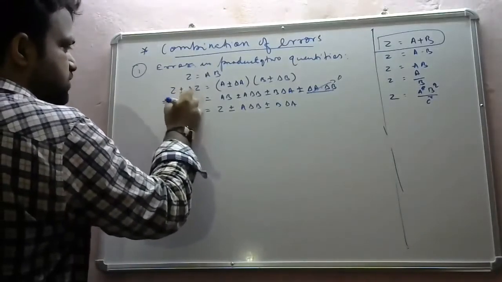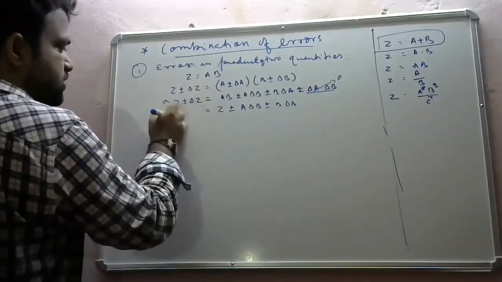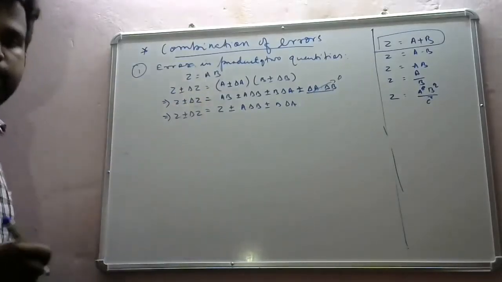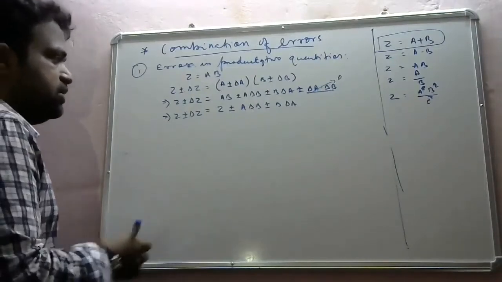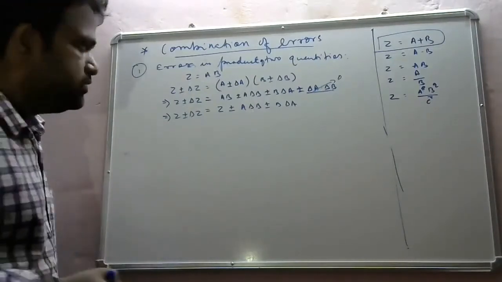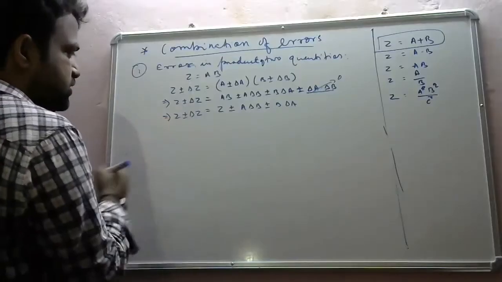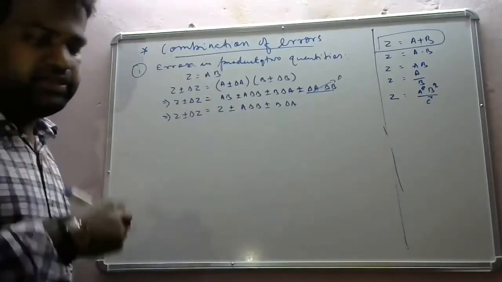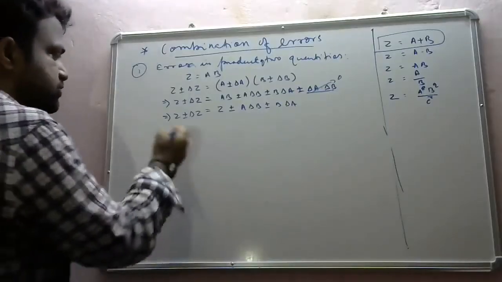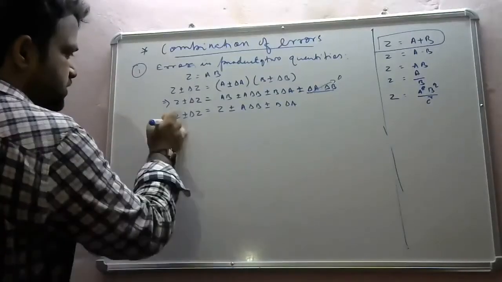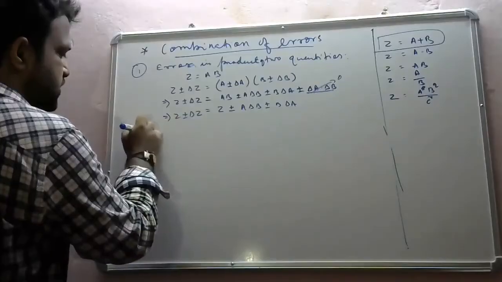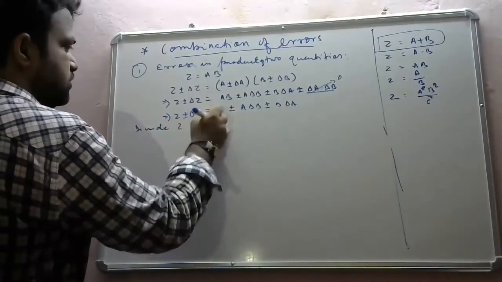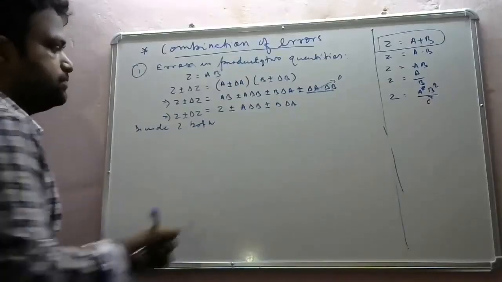This is Z plus minus delta Z. Now I will divide by Z on both sides. So here I will get the fractional error. Instead of getting directly delta Z, we will get the fractional or relative error of Z. So here I'll divide by Z on both sides.